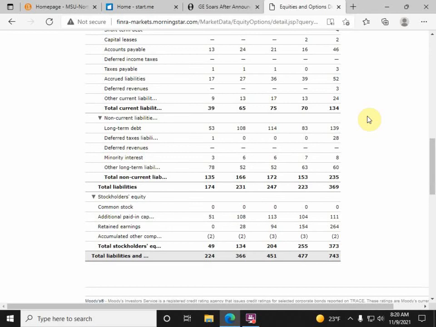Okay, goodwill is the difference between the price and the book value. Basically, that's a pretty abbreviated definition of it, okay? But if we looked at the book value here at this company, their total stockholders' equity or their book value is $373 million.